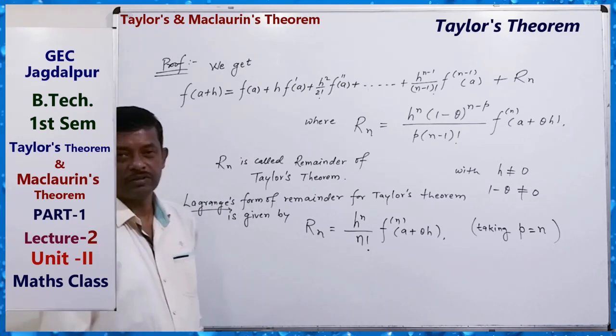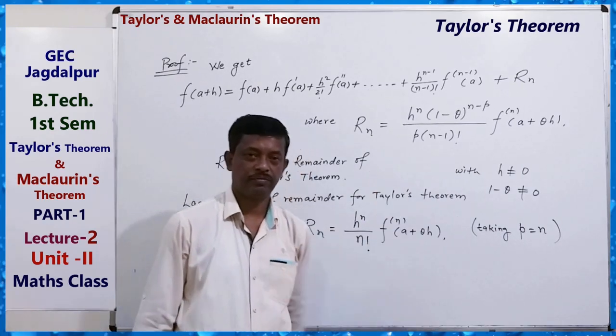Cauchy's remainder: just take p equals 1.